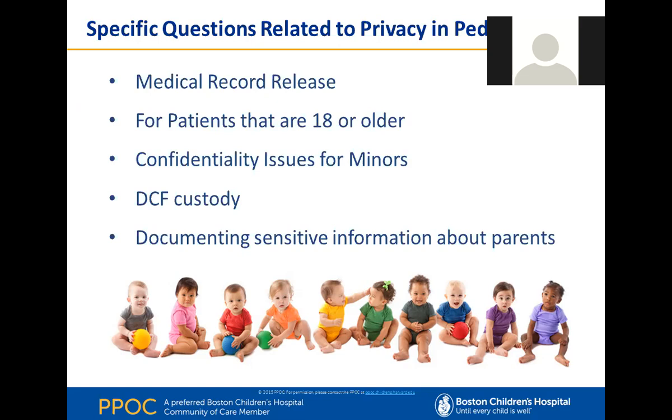Now that the investigation is over, the dad wants to see the record. Where do we stand in terms of not giving him the medical record related to the conversation that the mom had with the doctor?